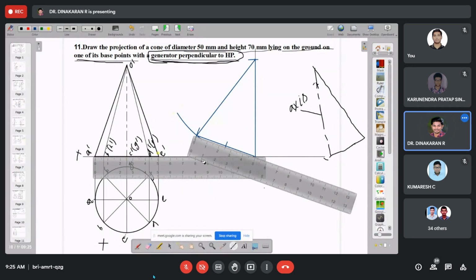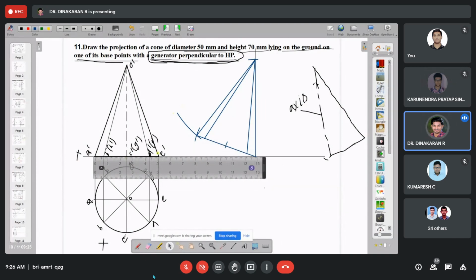Another point, 7 mm. Another point, 43 mm. Check whether I marked 7 mm correctly or not. Correctly marked or not? Yes, sir. Okay. So just close this and also connect with the axis line.